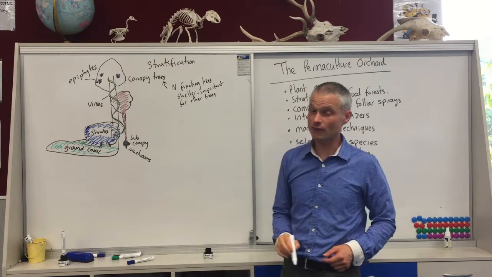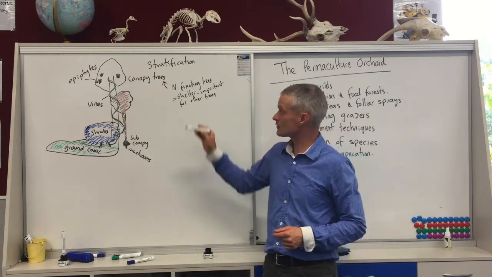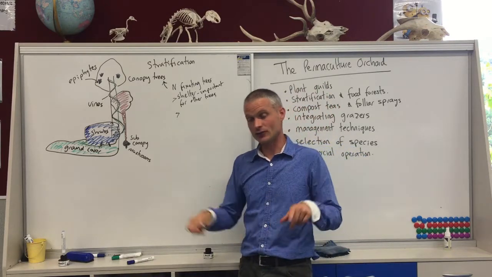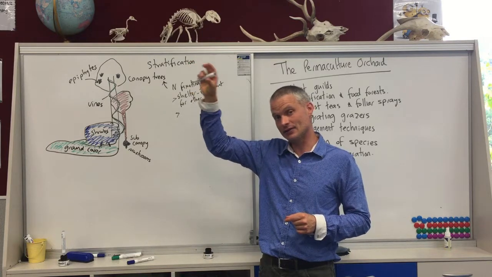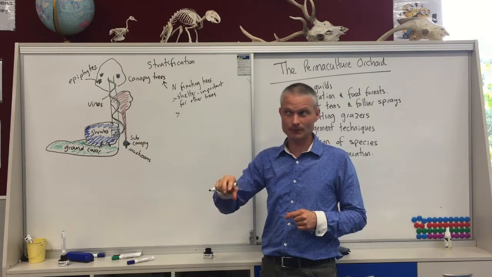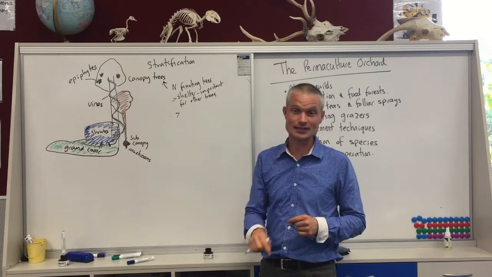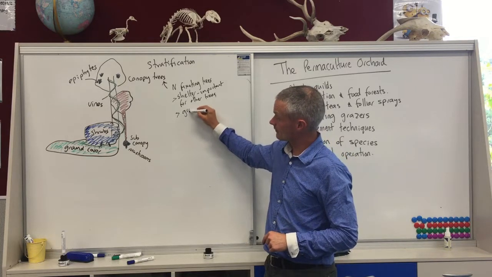They also tend to grow faster because they're getting that supply of nitrogen from their root nodules. So these nitrogen fixating trees have a relationship with nitrogen fixating bacteria that can take atmospheric nitrogen and fix it into nitrates, and they can release those nitrates into the soil. So they grow faster.